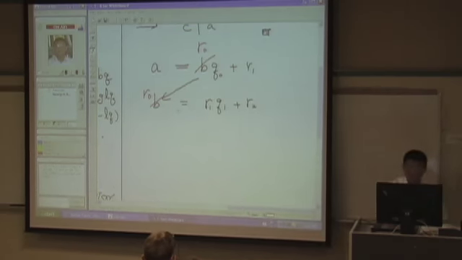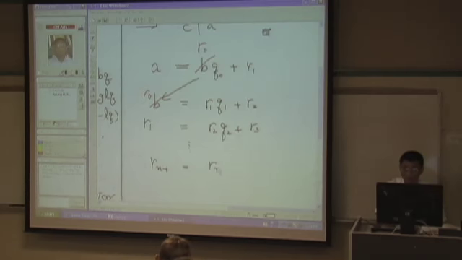Similarly, R1, R2, GCD is equal to R2, R3, GCD by the same reasoning, but if you don't follow me, let me know. Then R(n-1) equals Rn Qn plus R(n+1), right?